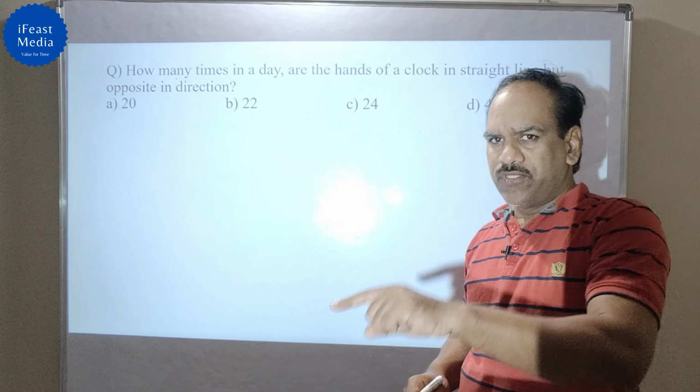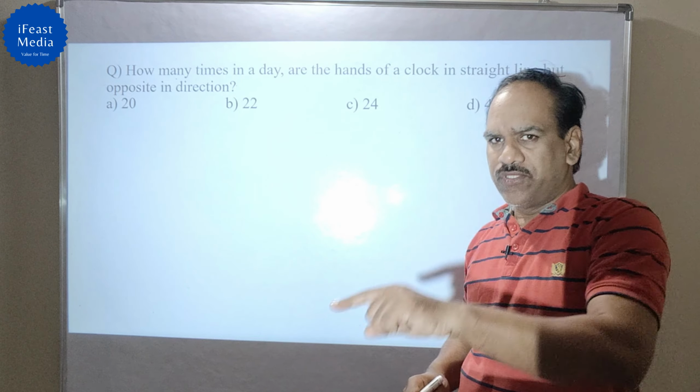Therefore, when the time is 4 hours 5 5 by 11 minutes, both the hands will be at a right angle. And what is the other case? It is 30 into 4 minus 11m by 2 equal to minus 90. 120 plus 90 equal to 11m by 2, which is 11m by 2 equal to 210. m equal to 420 by 11, which is 38 2 by 11 minutes.